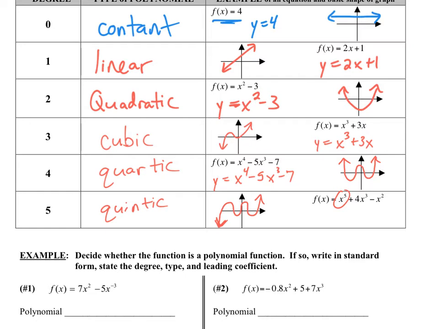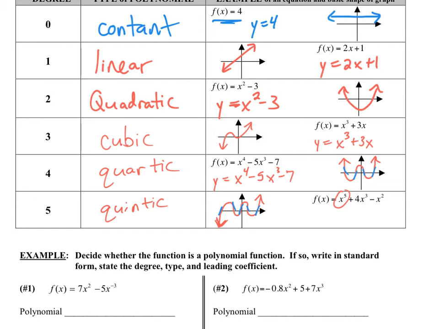And if you notice, the number of times the direction changes, that will match the degree. So like this one goes up, and then down, and then up, and then down, and then up. 5 different times that changes. In the graph above, it comes down, then up, then down, then up. 4 different times that one changes.